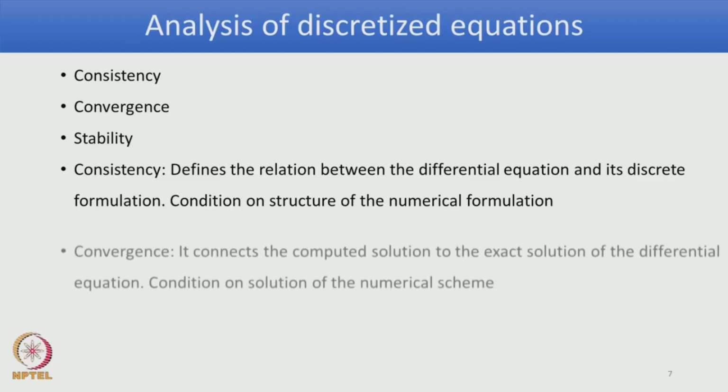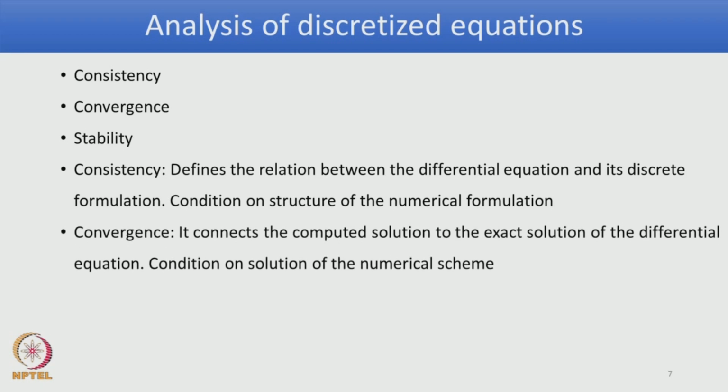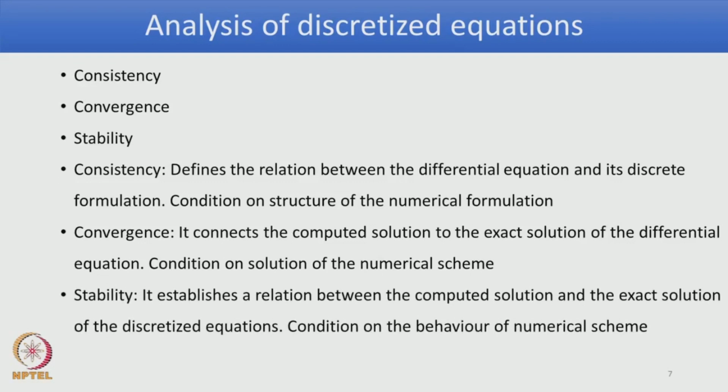The second aspect is convergence, which connects the computed solution to the exact solution of the differential equation. So, what scheme you are using and how it converges, that information is obtained or analyzed by the property called convergence. The third one is stability.